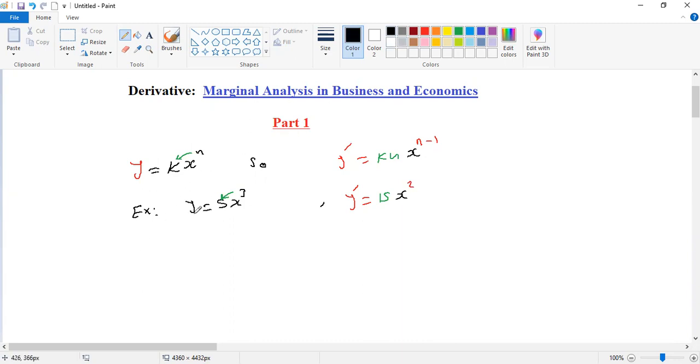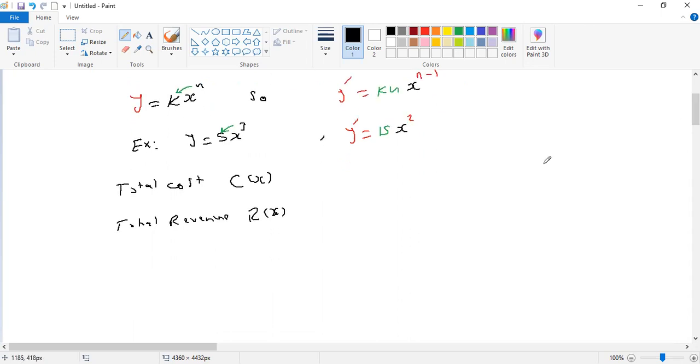Now, in business and economics, we have the total cost function, written as C of x, total revenue, R of x, and total profit, P of x.